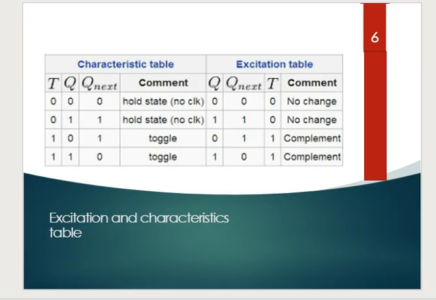Now I have listed the characteristic table and the excitation table. In the characteristic table, T and Q are the inputs, and I have listed all the possible combinations of the inputs. Q is the present state, and we get the output Q next, which is the next state.